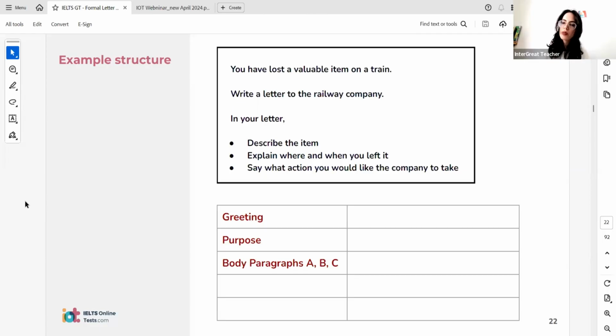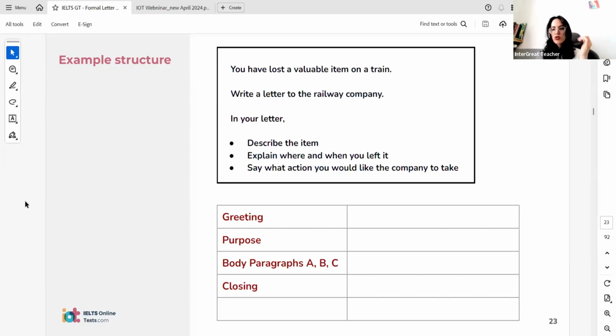Then we need three body paragraphs. Can you tell me why I'm writing three body paragraphs? Is it like a random number? Because I have three bullet points, right? So because we have three bullet points, we have three body paragraphs, exactly.